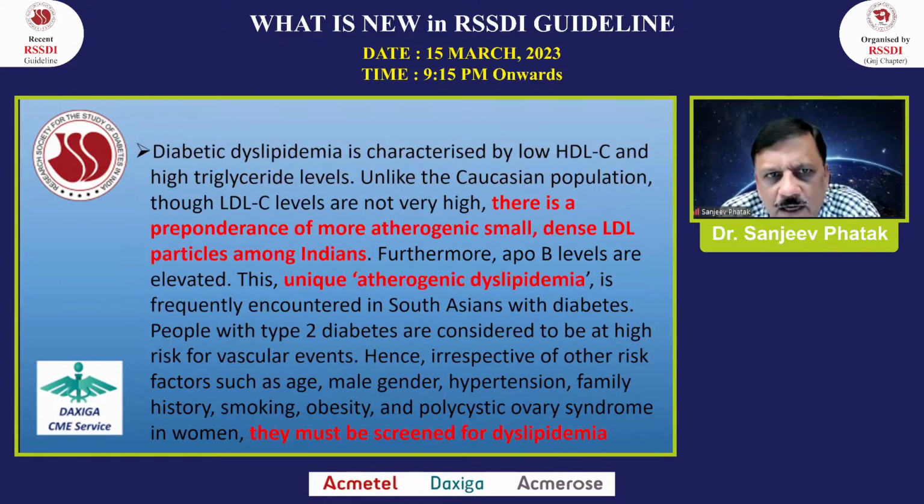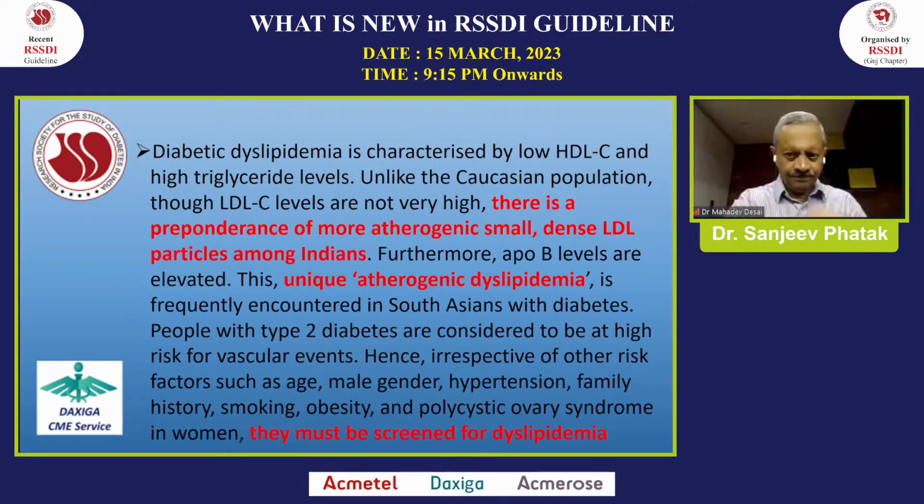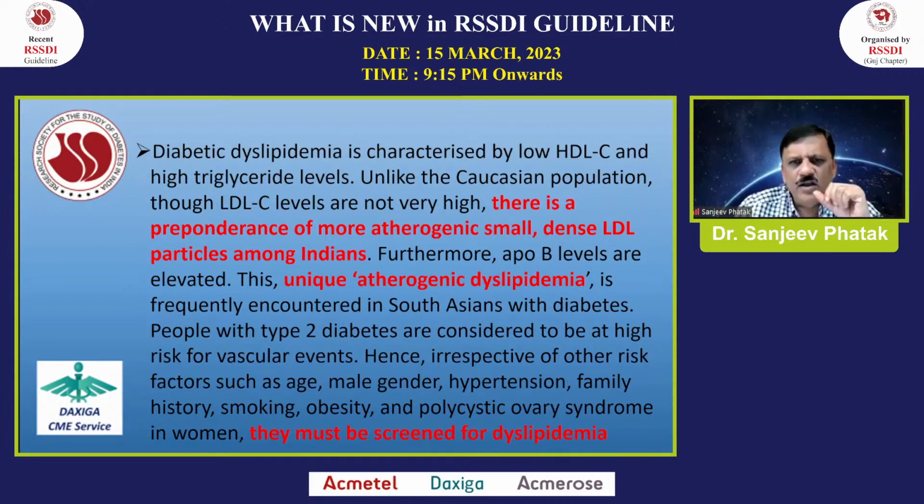We know that diabetic dyslipidemia is characterized by low HDL and high TG levels. Unlike the Caucasians, our LDL levels are not very high, and in spite of that, a lot of us develop coronary artery disease and atherosclerotic events. There is a preponderance of more atherogenic, small, dense LDL particles amongst us.